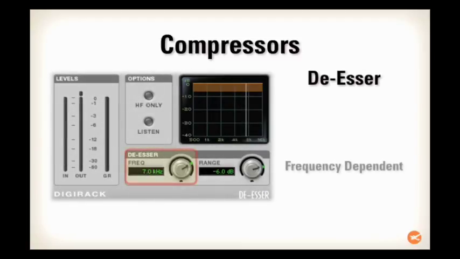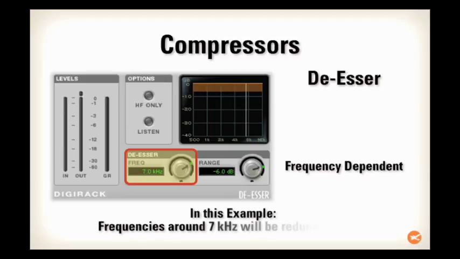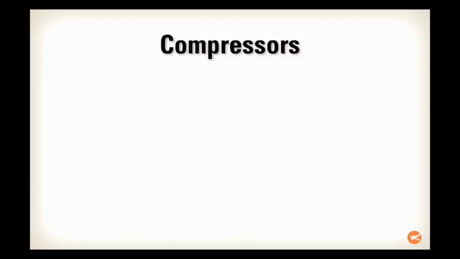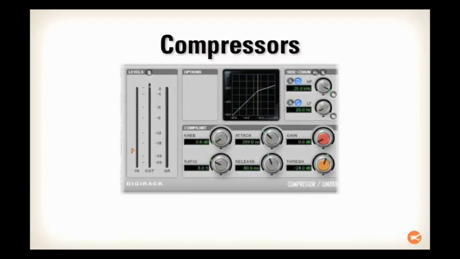De-essers are frequency-dependent compressors typically used on vocals or dialogue to reduce sibilant frequencies produced by letters such as S, C, and T. When attack and release times are set to fast and ratios and thresholds are set higher, compressors are said to be acting as limiters.